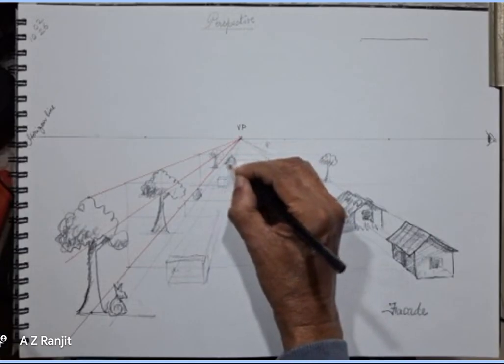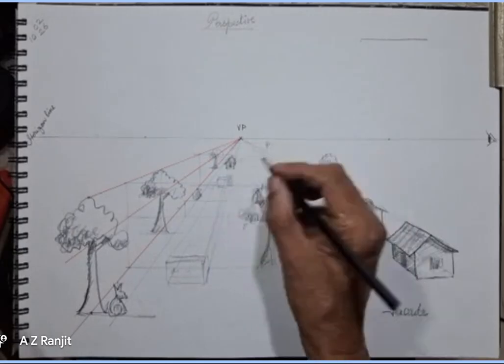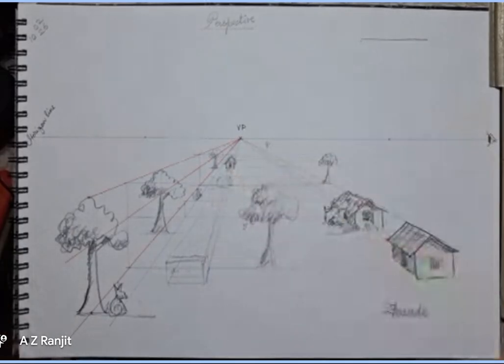So what we are doing is drawing lines and creating vanishing. We call this line perspective. How many vanishing points are there? One. So we have some names.